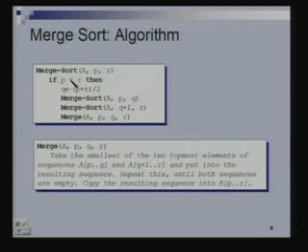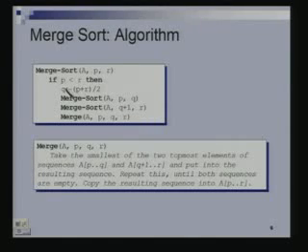So, if P is less than R, only then we need to do something. P is the lower and R is the upper index. So, Q is the midpoint, P plus R by 2. So, this is the division step, and these two are the recursive solving, the conquer steps.